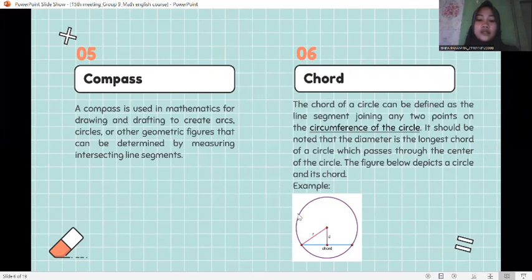The example is from the circle here, we have a line here. From here to here is R or radius, and here to here is chord. Here is chord. Here to here is diameter.